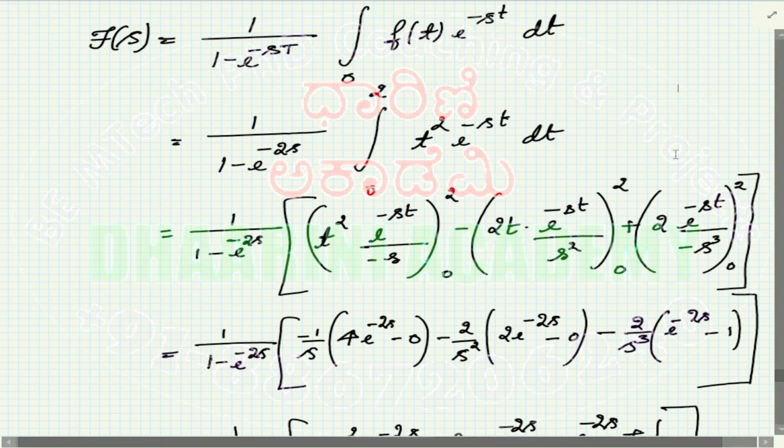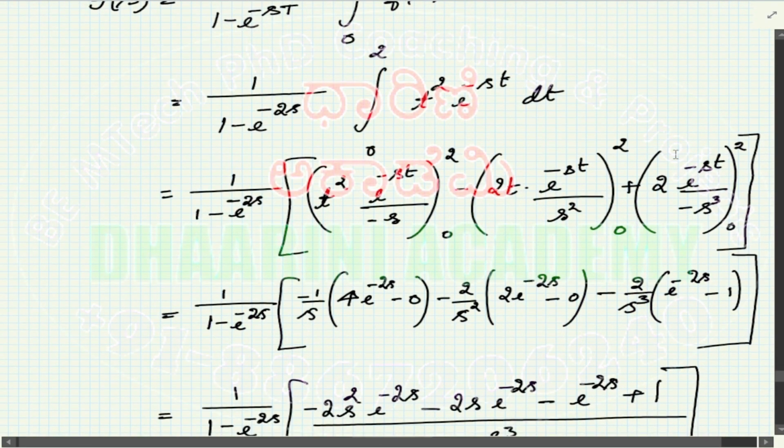So keep the t square as the first function, integrate the second function, then we get a minus sign into differentiation of the t square, which is 2t, further integration of the second term, then differentiation of 2t further gives you a 2, right? And further integration of e to the minus st by s square generates e to the power minus st by minus s cube. Are you okay with that step?